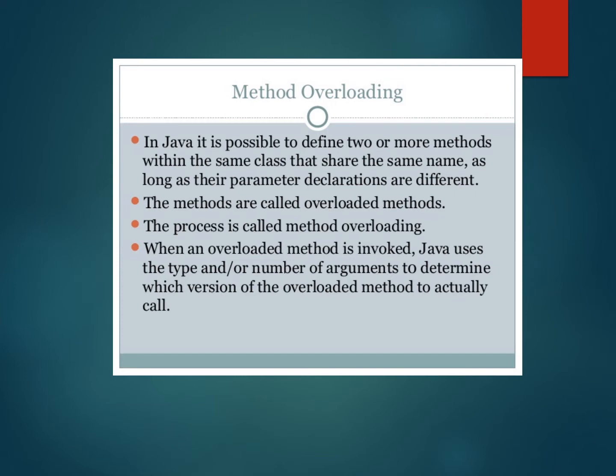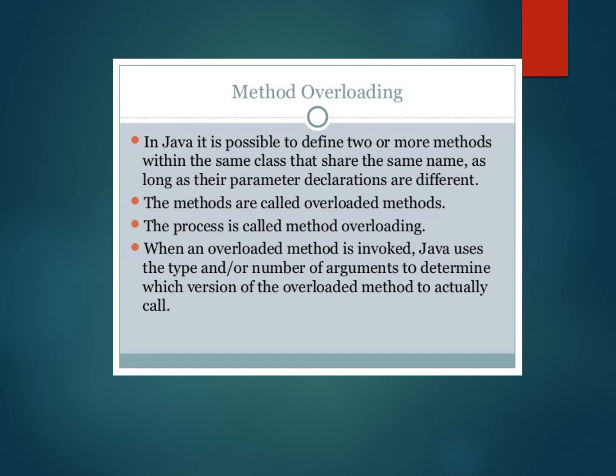When an overloaded method is invoked, Java uses the type and/or the number of arguments to determine which version of the overloaded method to actually call.